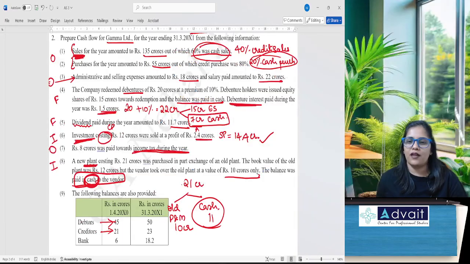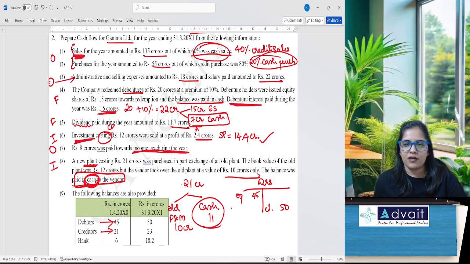Okay, so how do we find that? We quickly open a small debtors account. Opening balance is 45, closing balance is 15. Then we have credit sales. We have made credit sales worth 135 into 40%. Whatever you get, you write here.